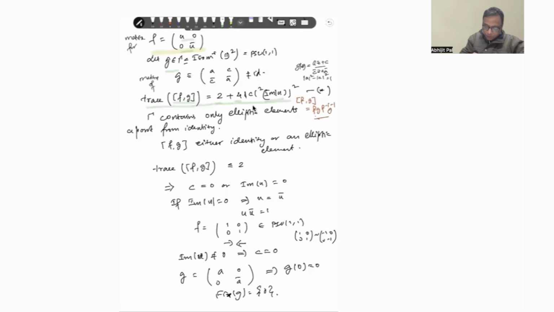Now what you have assumed is that this gamma contains only elliptic elements apart from identity. This f and g belong to gamma, so the commutator will also belong to gamma. So this is either identity or an elliptic element.